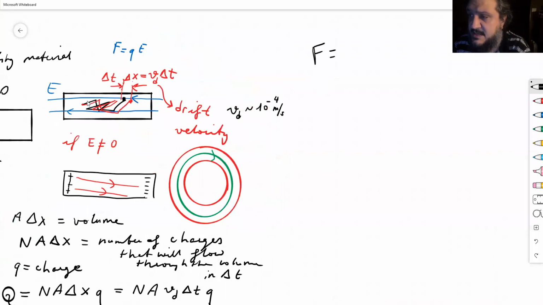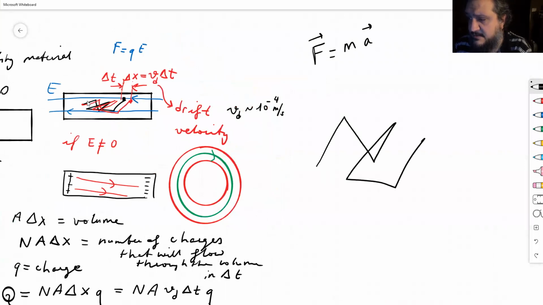Classical means apply F equals ma. So this picture is actually like this. Without the electric field, the electron would move in some arbitrary path like this. On average, they don't move anywhere. It's like a random walk. But when you apply an electric field, they will end up moving.